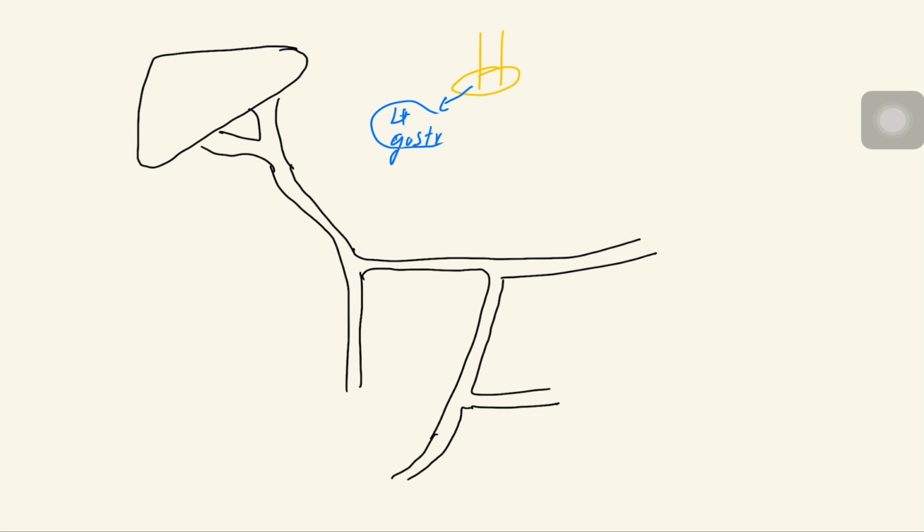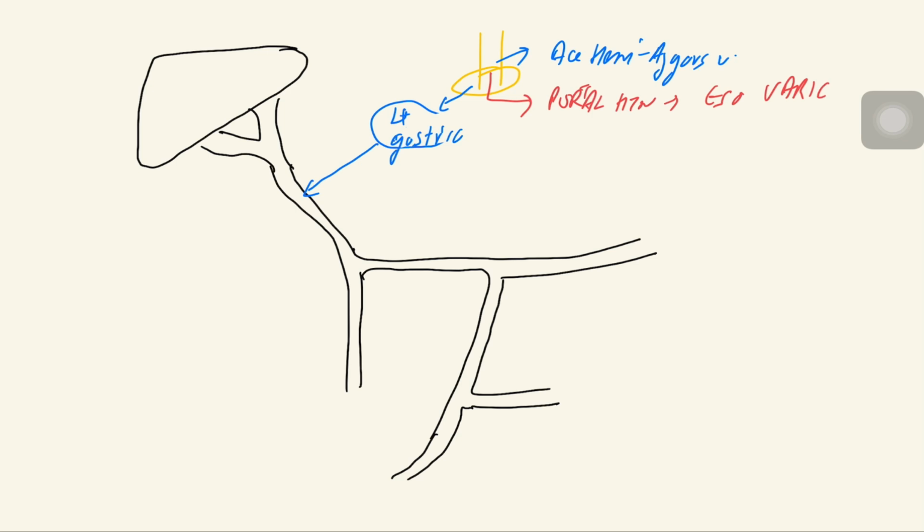Left gastric drains into portal, and over here it also drains into accessory hemiazygous vein. And if portal hypertension takes place, it leads to esophageal varices at this site.